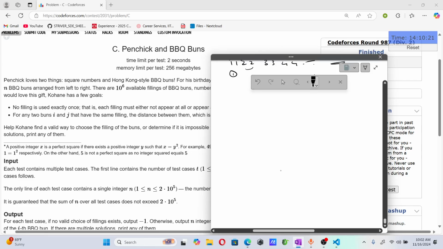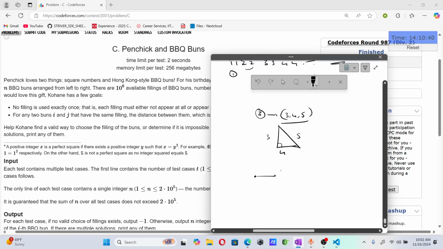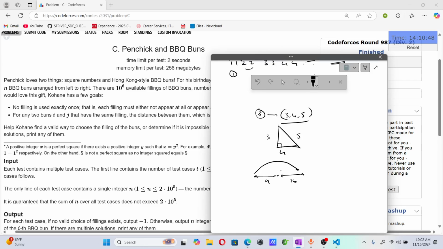What is the smallest group of 3 with squares in it? It's pretty simple. I guess it is 3, 4, 5, if I am not wrong. Oh, it's this. So it's at distance 9. This is at distance 16. This is at distance 25.